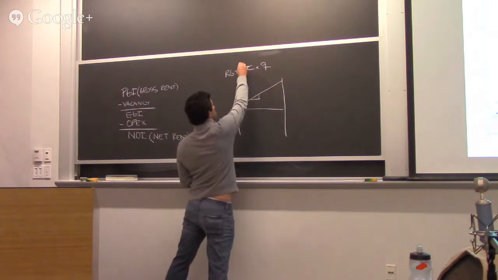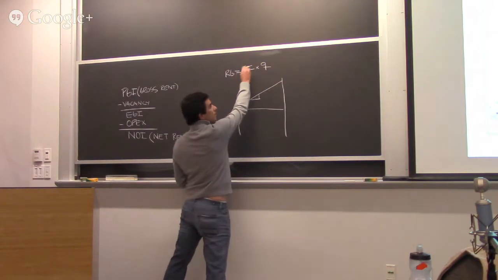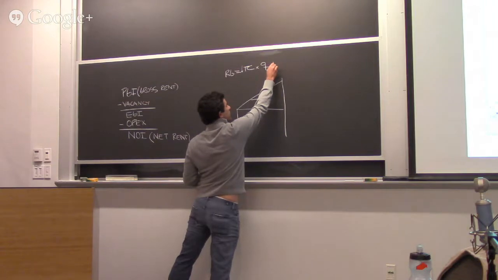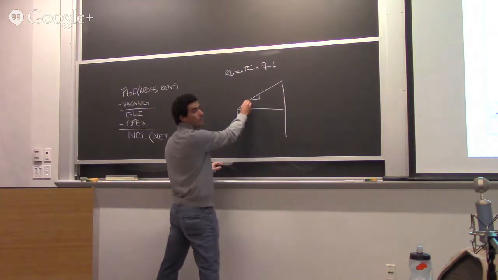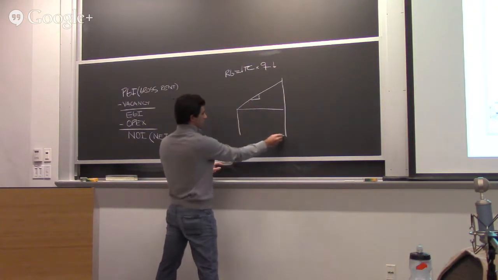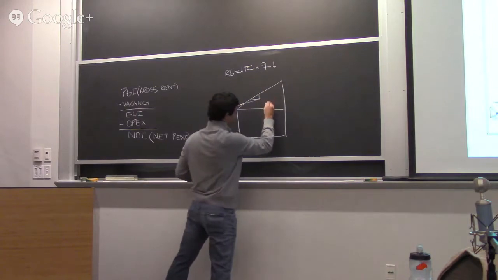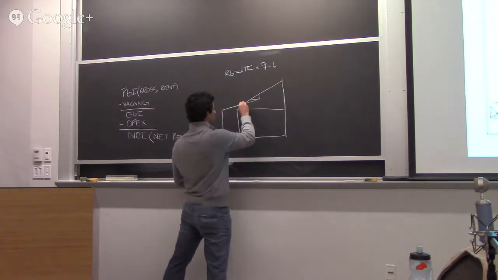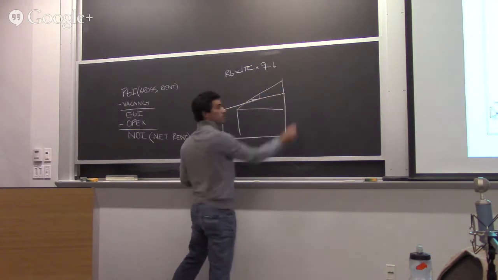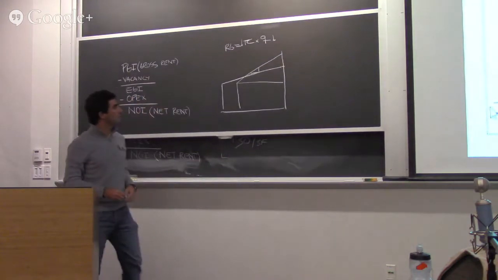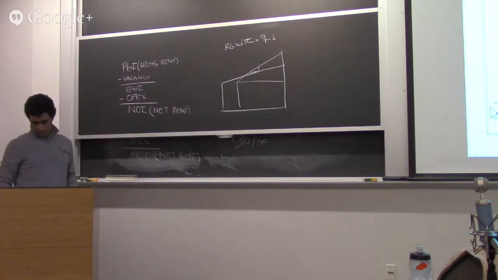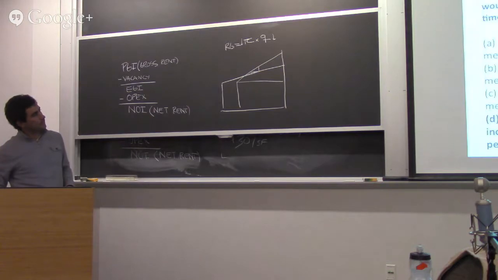So this one is going down, right? And this one is going down as well, right? So you increase the radius, so you got somewhere around here, but it's going down.